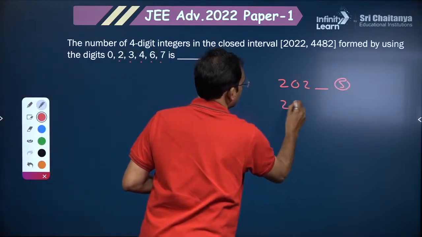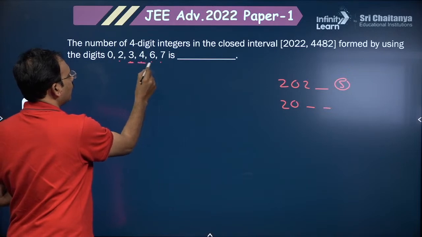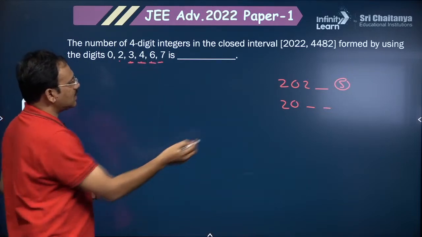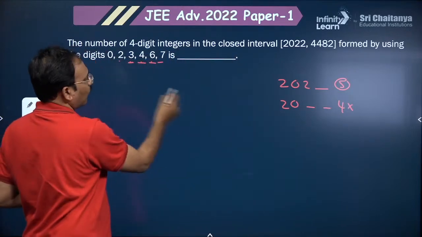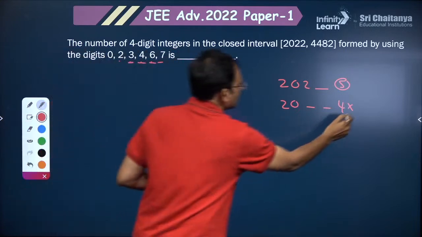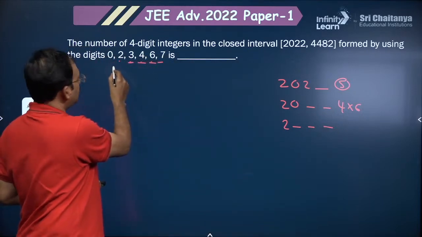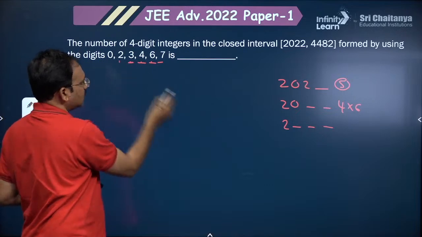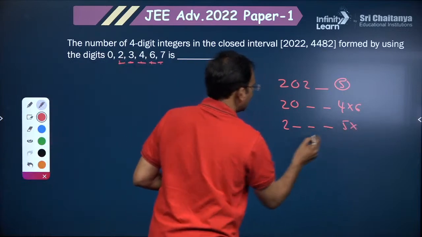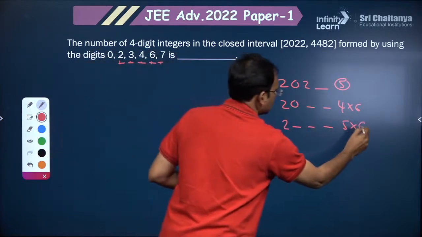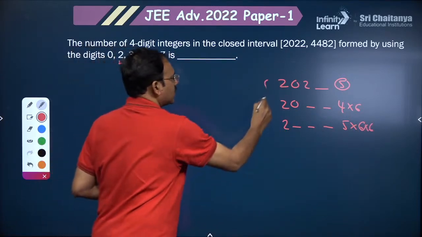If it is 20, more than 2 means it can be 3, 4, 6, 7, so this digit can be filled in 4 ways, and the last digit can be filled with any of the 6 digits. Next, after 2, if it is not 0, you can put 2, 3, 4, 6, 7, 5 ways, multiplied by the other 2, which can be any of the 6 digits. With this we have completed the 4-digit numbers starting with 2.